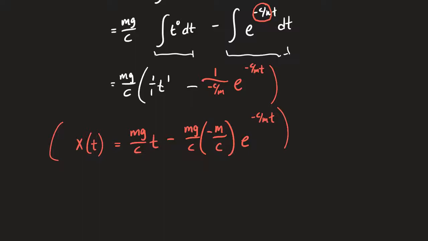But this term here is the terminal velocity. That's really all it is. I know we see it twice. That's okay. The reason I bring it up is, do you remember this?